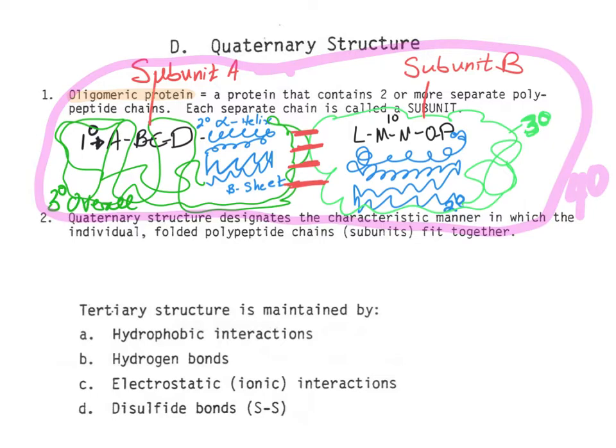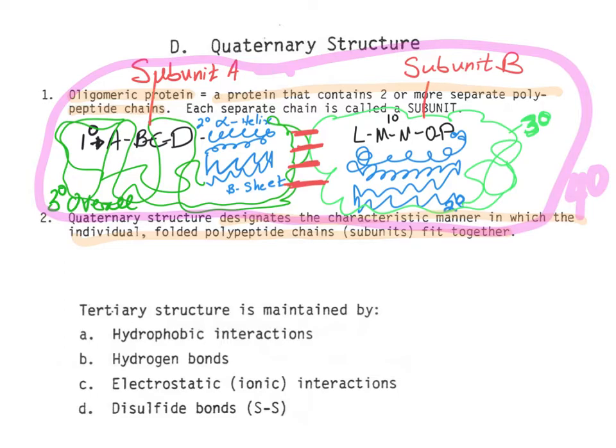Therefore, quaternary structure is found only in oligomeric proteins, and it designates the characteristic manner in which the individual folded polypeptide chains fit together. So it talks about how they join together, and it gives the overall structure of the whole protein. If it's an oligomeric protein, we will find it has quaternary structure.